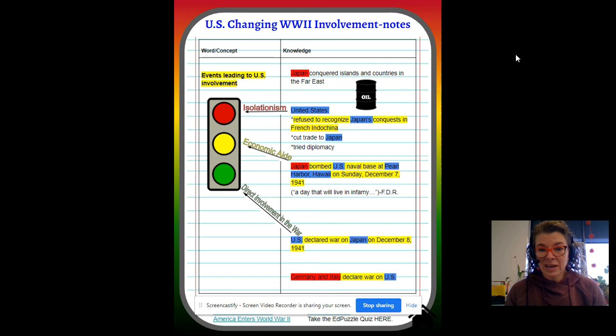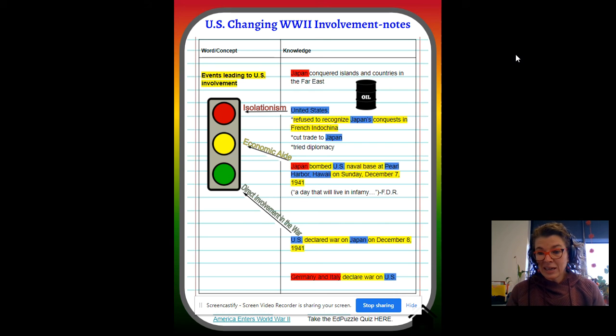It was a Sunday morning in Hawaii at a naval base called Pearl Harbor. And on this Sunday, if you know anything about our military bases, they're active every day, but the one day that they're not as active would be on a Sunday morning. And so Japan suddenly, deliberately, without warning, attacked this Navy base.